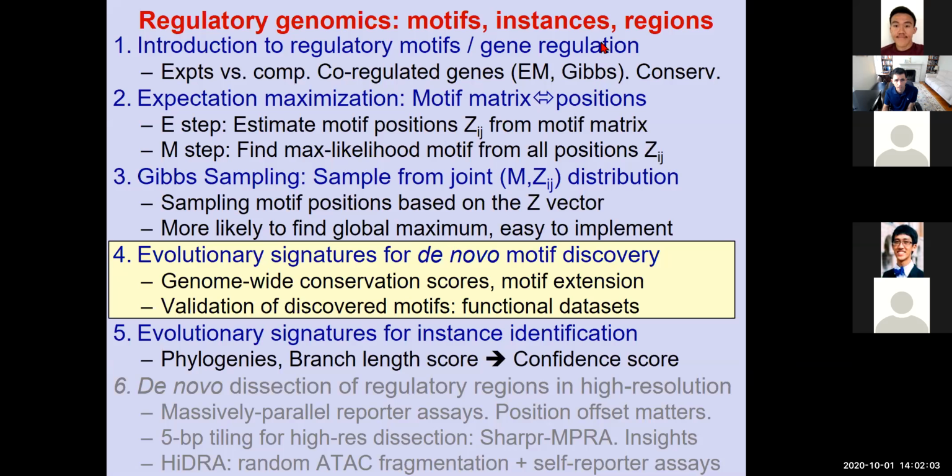We basically talked about the E step of estimating the motif positions from the motif matrix, the M step of finding the maximum likelihood motif from all of the positions, and then how we sample motif positions based on the Z vector, and how Gibbs sampling is in fact more likely to find the global maximum and actually much easier to implement than the full expectation maximization.